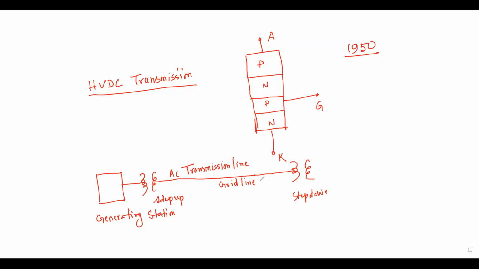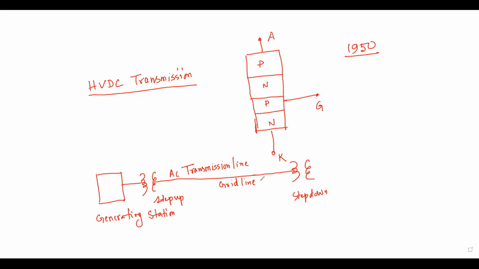If it is a grid line, have you seen there are some big towers by the highway? In our country, we have a grid line with high voltage transmission. Do you know the range of the voltage? What is the voltage of this transmission line in the grid system?